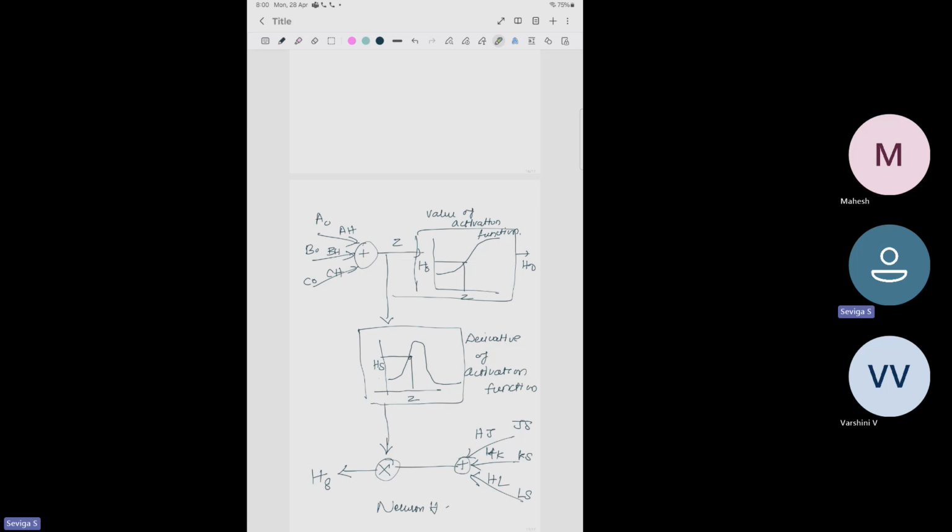If you look into it, during the forward pass, we need the outputs from the previous layer and the weights of the connections between them. We need only these two to find H naught. Here, what else do we need? We need the deltas from the following layer, the weights connecting between them, and the derivative of the activation function, because it gets multiplied with it.